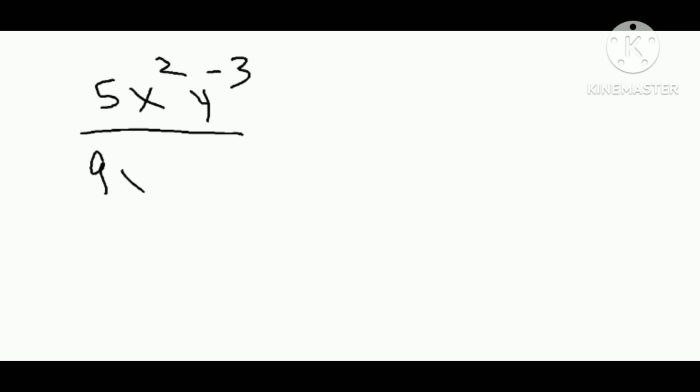Now, let's say you have this expression: 5x squared y to the negative 3 over 9x to the negative 4 y to the 5th power. So how can we simplify this expression?